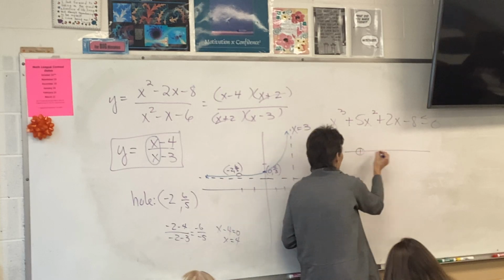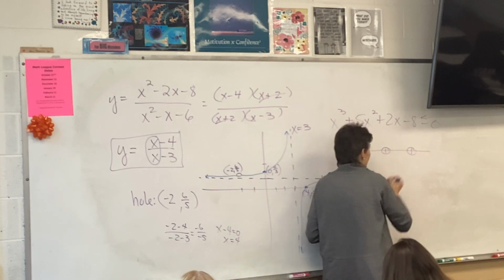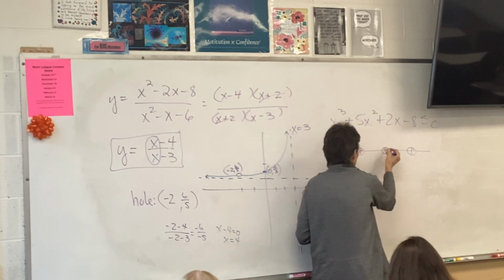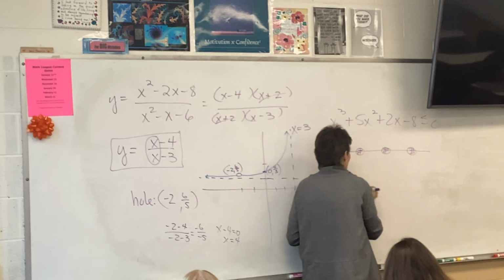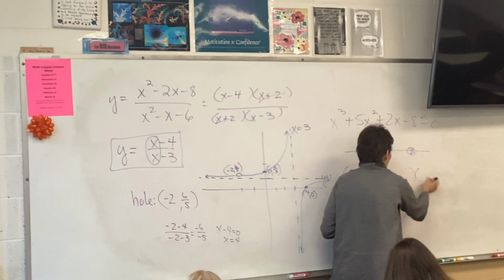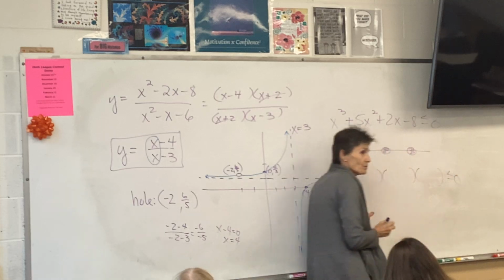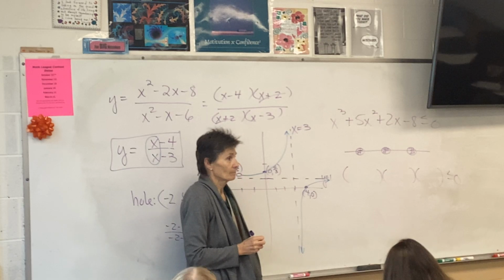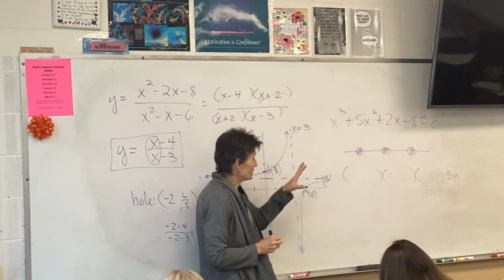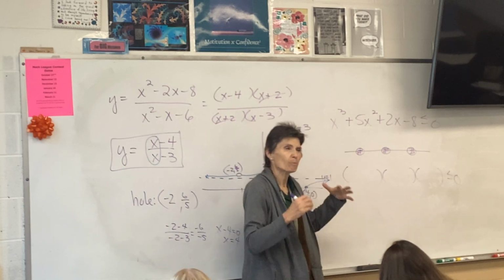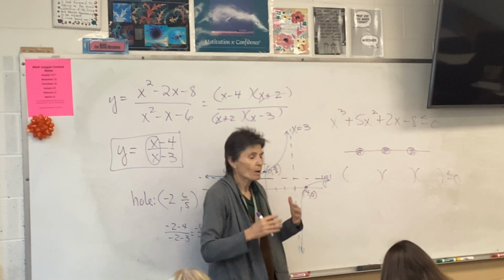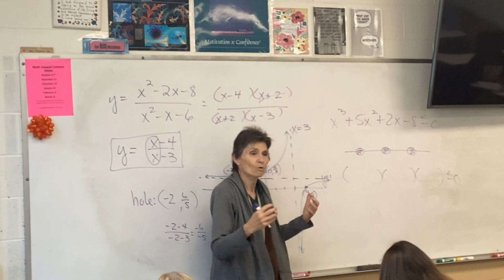I know I'm probably going to have 3 dots on the number line, which means I'm probably going to have 3 factors. Knowing this comes from practicing. You practice to the point you know what's going to happen.